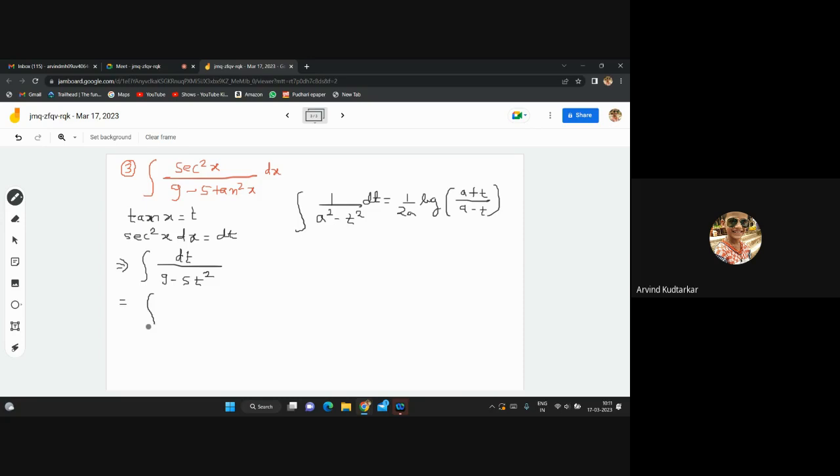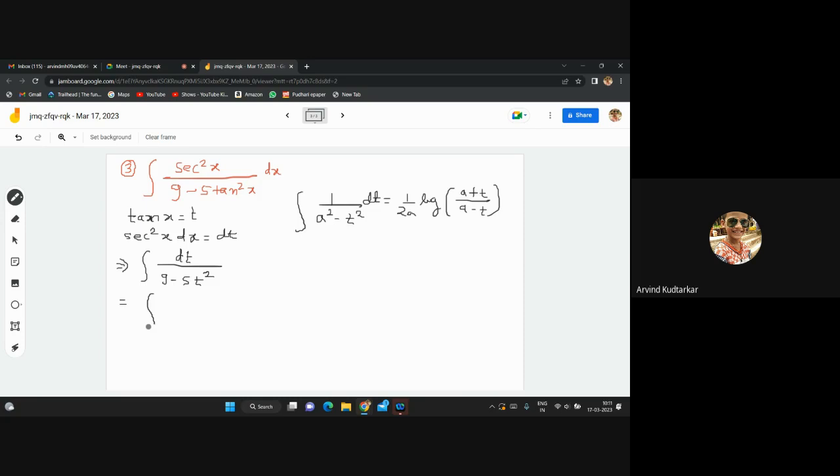1 by 5 times the integral of dt upon 9 by 5, which you have to write in the form of a root. So a square means 3 upon root of 5 whole square minus t square. So it means that the polynomial is in the form of a square minus t square, where a is 3 by root 5. So 1 by 5 times 1 by 2a. What will the value of a be? 3 by root of 5.